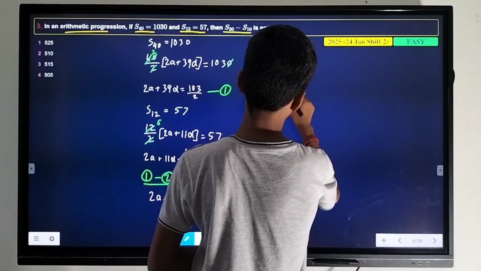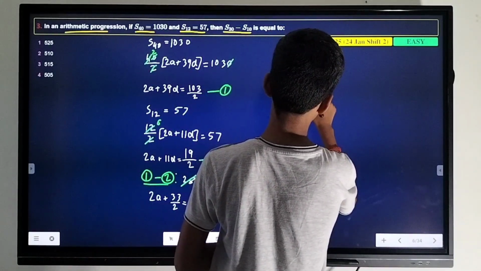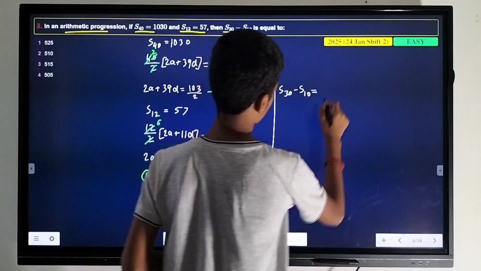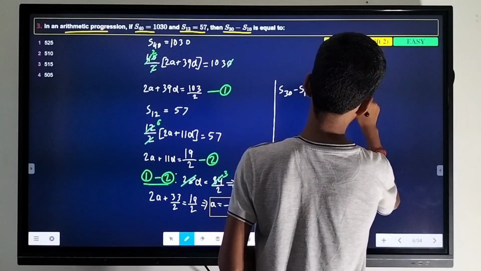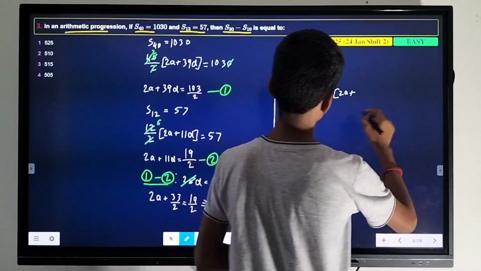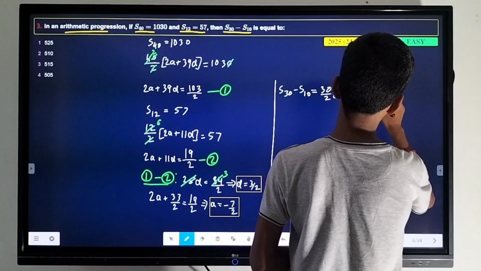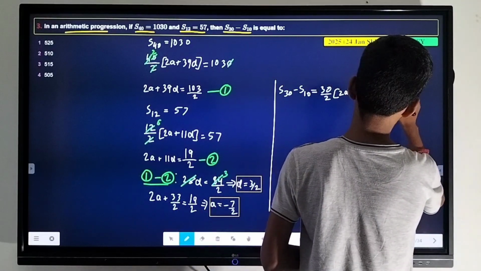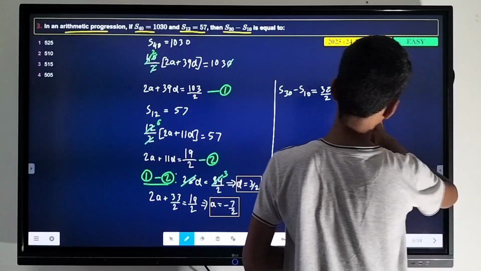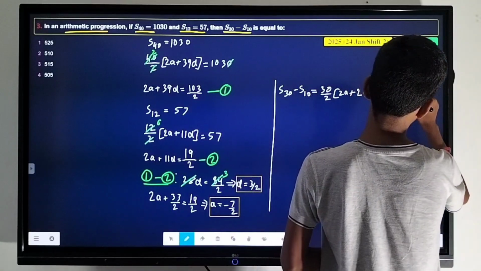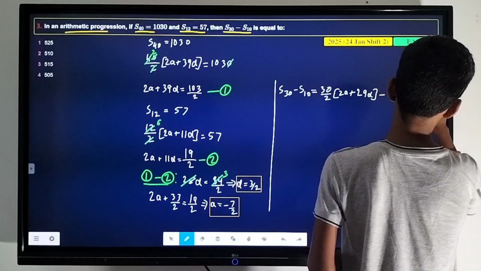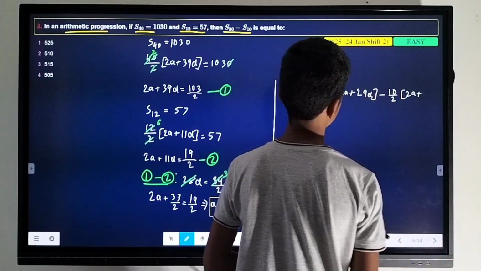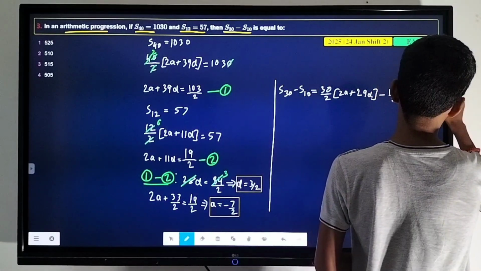our sum of 30 terms minus sum of 10 terms is equal to 30 upon 2 into 2a plus 30 minus 1, 29d, minus 10 upon 2 into 2a plus 10 minus 1, 9d.